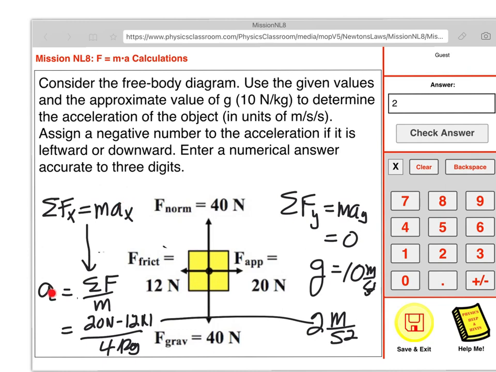I dropped the x, so the acceleration is the net force divided by the mass. So the 20 is positive, the 12 is negative, and by dividing the gravitational force by g equals 10, we get 4 kilograms for the mass. So we get a net force of a positive 8 divided by 4. We get 2 meters per second squared.